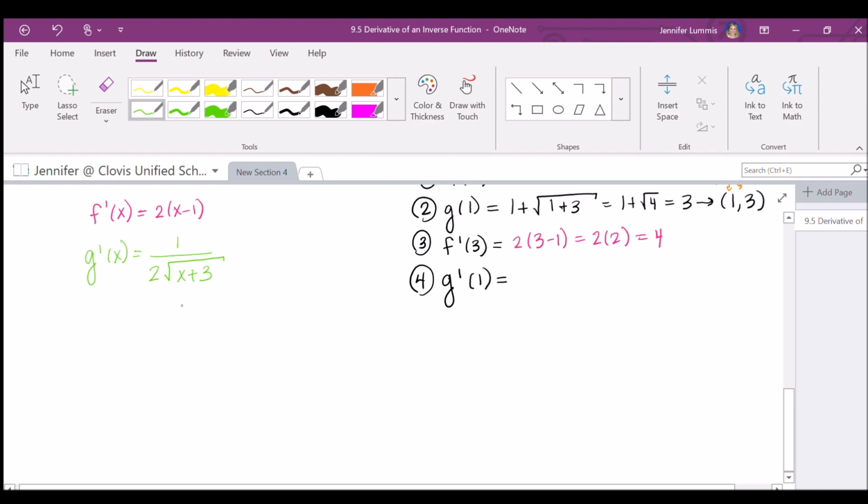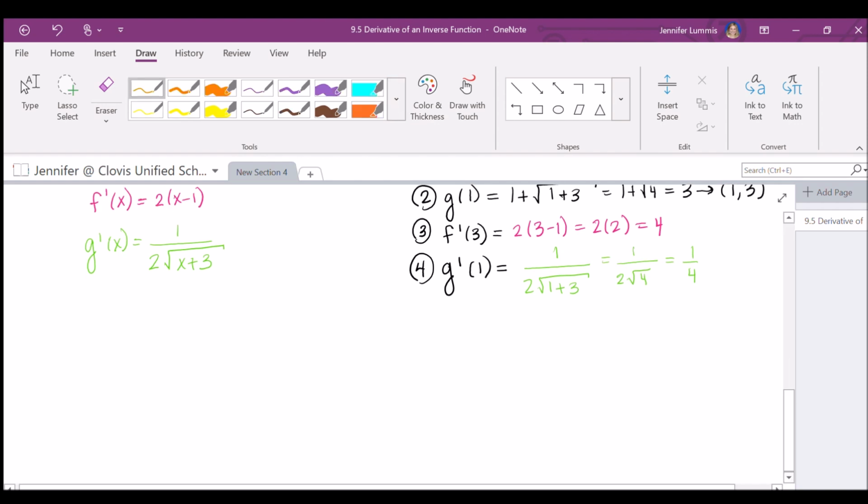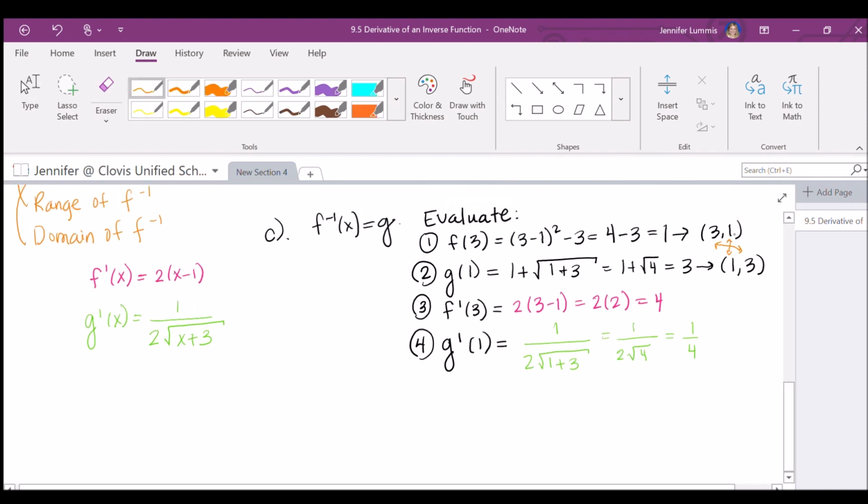So if we plug 1 into our derivative here, we have 1 over 2 root 1 plus 3. So this is 1 over 2 root 4, and 2 times 2 is 4. So what we want to notice is the points swap places with x and y, and at those corresponding points, my slopes are reciprocals. This happens every time.